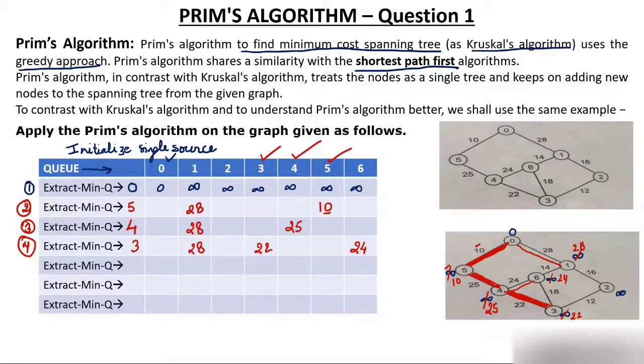So adjacent of 3 is 4. You will not touch 4, as it is already processed. Adjacent of 3 is 6. Yes, you can check 6. Why? Because this weight is 18 and this weight is 24. Can you change it? Yes. Which is minimum? 18 is minimum. So I'll change it to 18 and I'll make a double line from here. Now what 3 is saying to 4 is that I have identified 6.